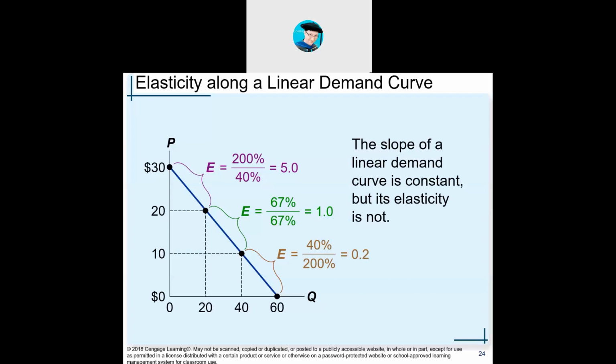That means it's unit elastic. 40% divided by 200% is 0.2. That is inelastic.